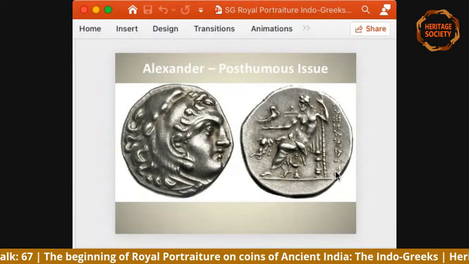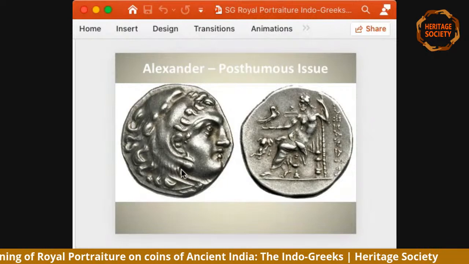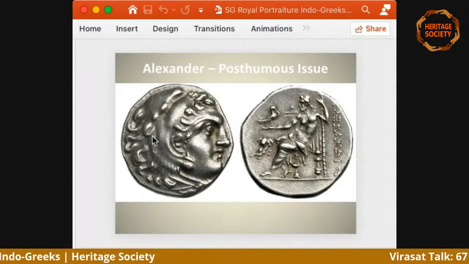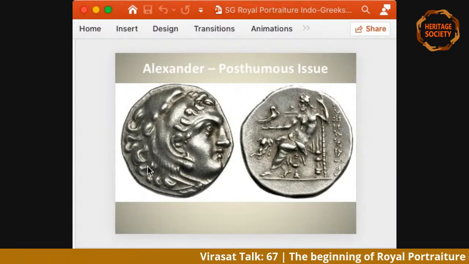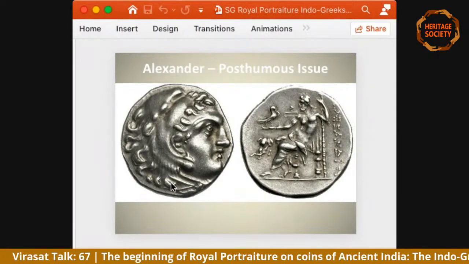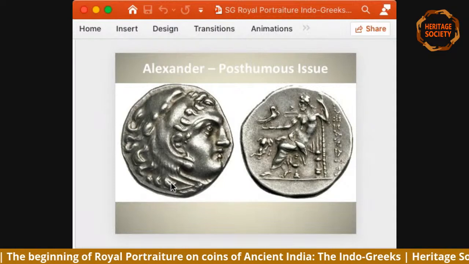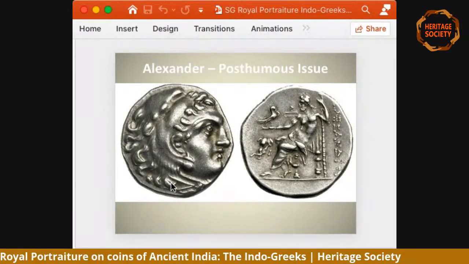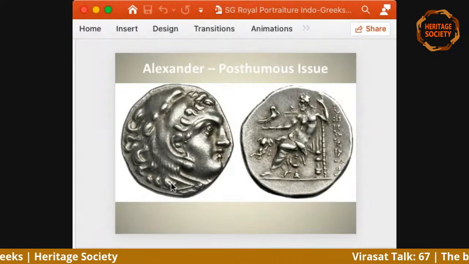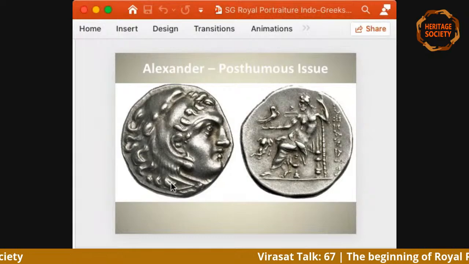Here he has been shown wearing a helmet made of a lion's scalp. You can see the open mouth of the lion here, which he is wearing as a helmet. So far, the king is not depicted, but soon the kings replace the depiction of the god to a very large extent.